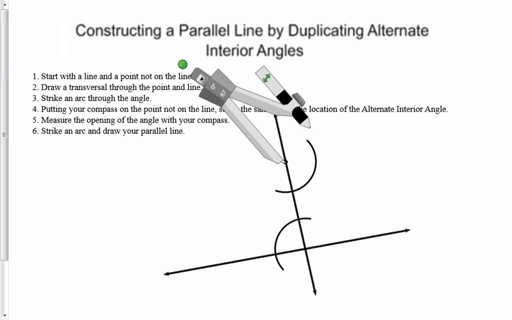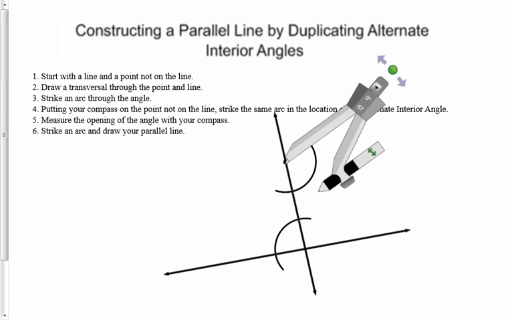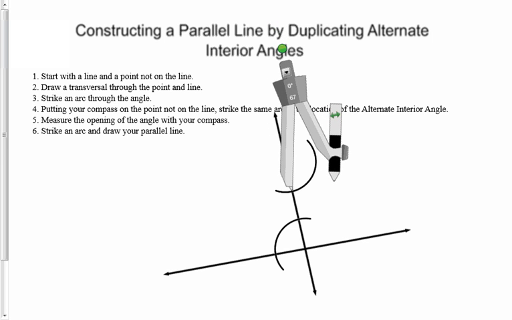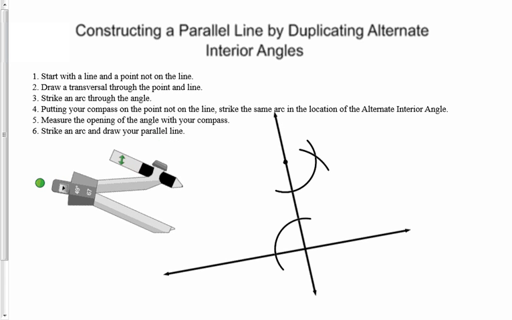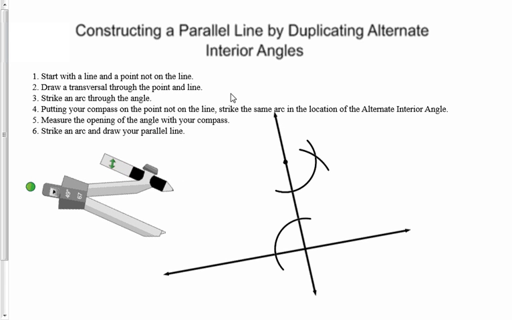So I put my compass, not on the point, but on the intersection of the arc and the transversal, and I strike the second arc. Now I know that I can connect the point and those intersecting arcs for my parallel line. And there's my parallel line constructed by duplicating alternate interior angles.